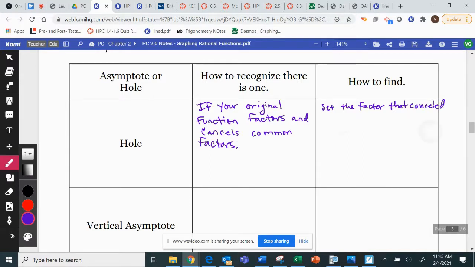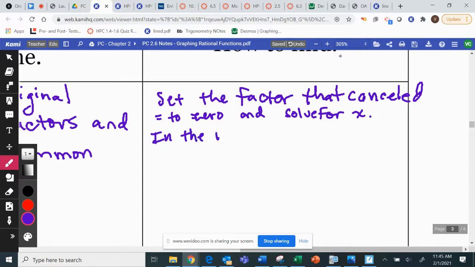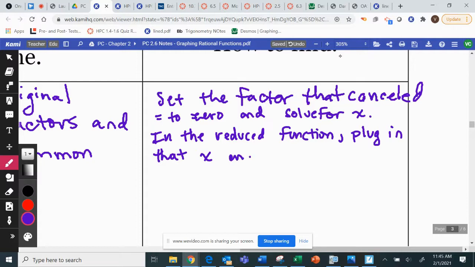Okay, I gotta zoom in. My handwriting's terrible when it's this far out. We're going to set the factor that canceled equal to 0 and solve for x. In the reduced function, plug in that x and solve for y.